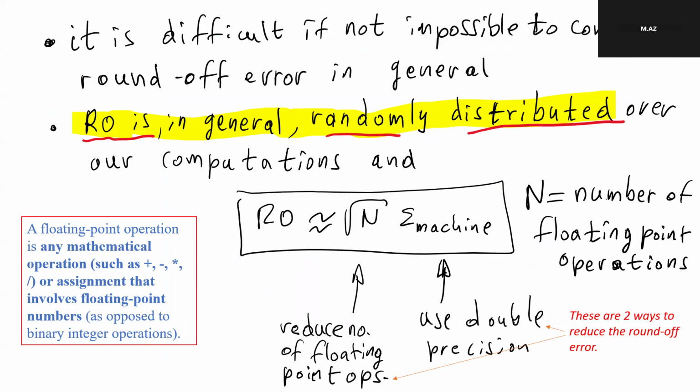Round-off error is generally randomly distributed over our computations, and we can say the round-off error is proportional to the machine epsilon and the number of floating point operations. We can control the error if we use, for example, double precision for the machine epsilon and try to reduce the number of floating point operations.